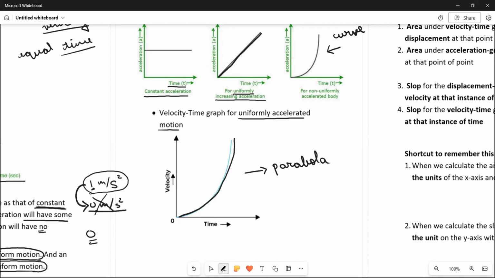Okay, what I said, that velocity time graph for uniformly accelerated motion will give us a parabola. Okay.